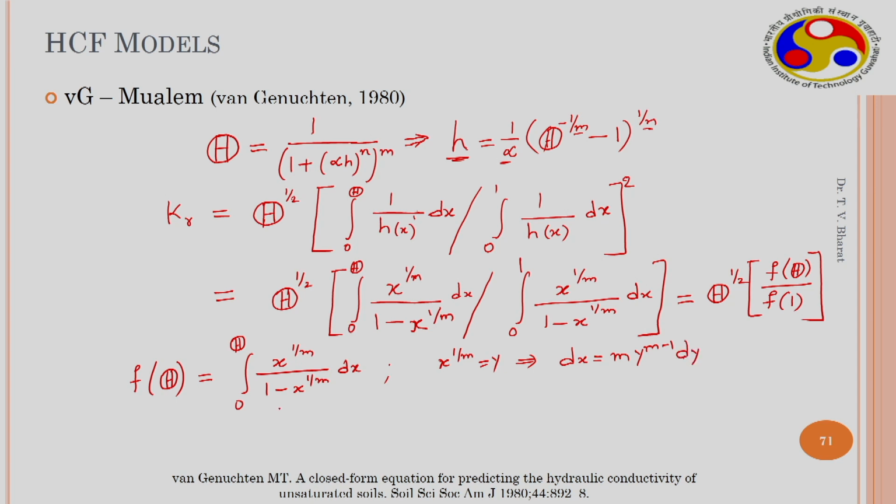Substituted, then this expression becomes f of theta equals integral 0 to theta of y times y by 1 minus y, and for dx this is m times y power m minus 1 dy.